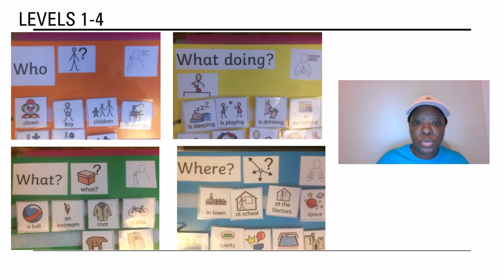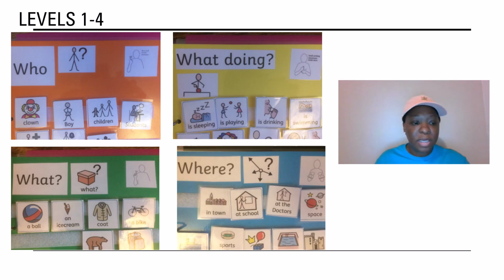Next, we'll move into level two, the what doing. Again, we're going to be introducing verbs. So we'll show them a variety of picture clips. Depending on the sentence strip, we'll have them make a choice about what they're doing in the picture.